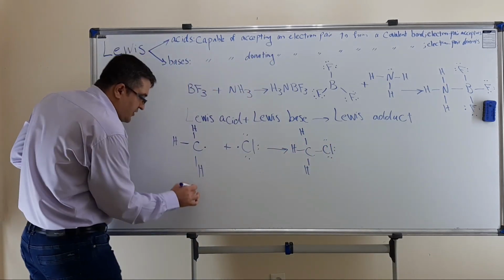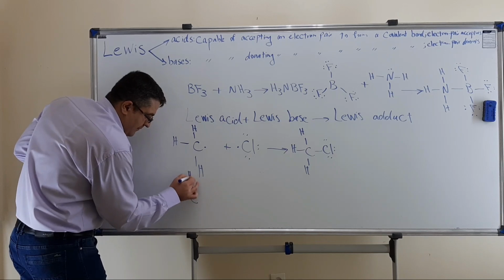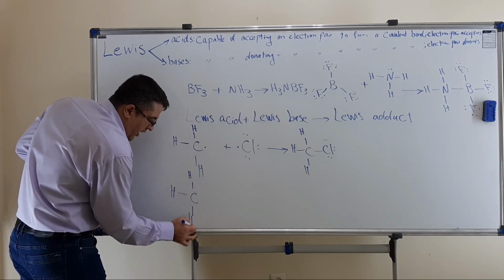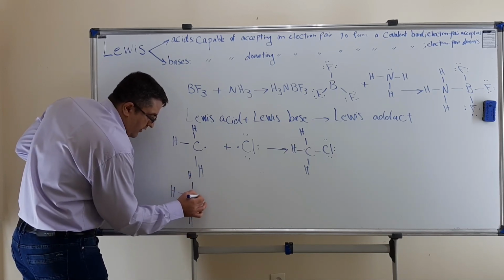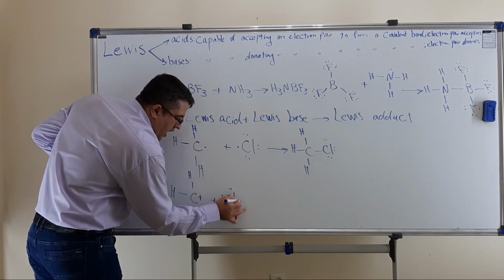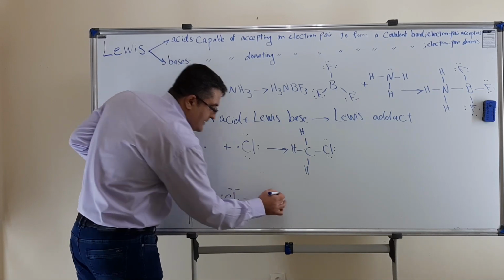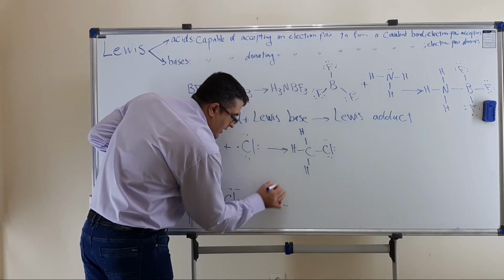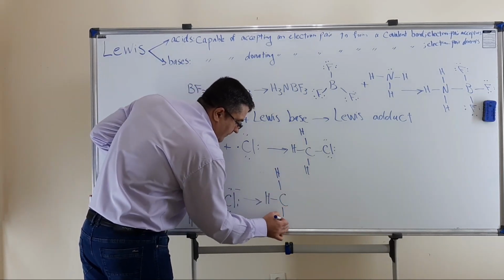And the second reaction, methyl cation and chloride ion yields chloromethane.